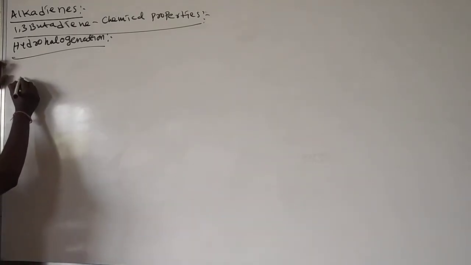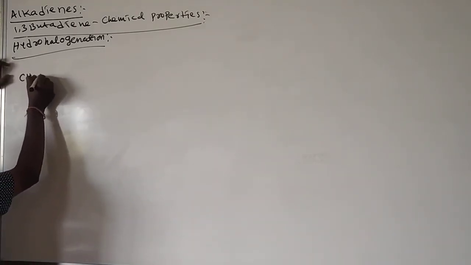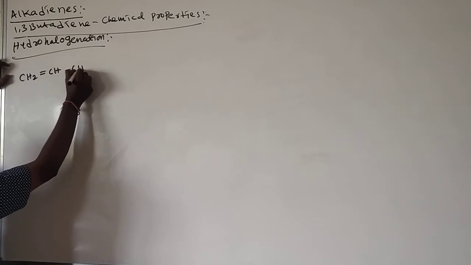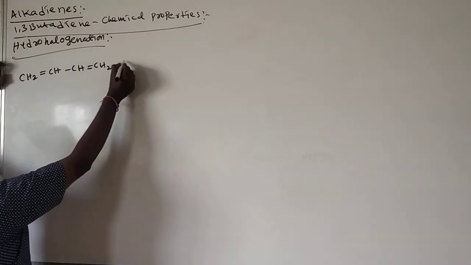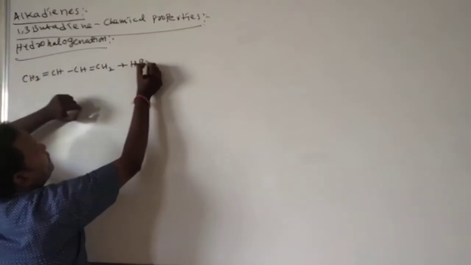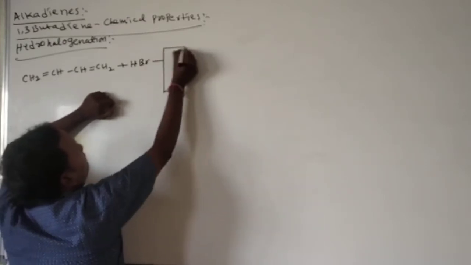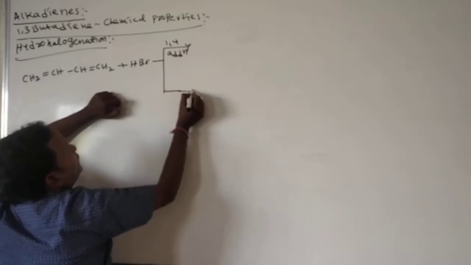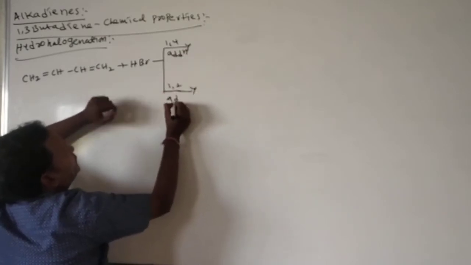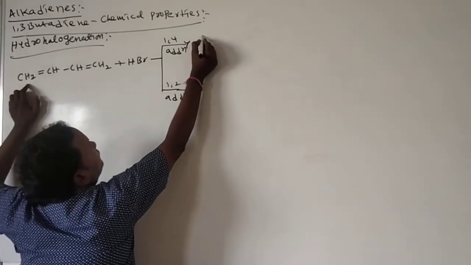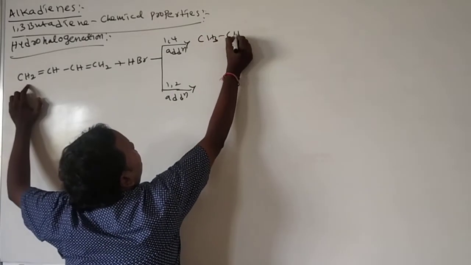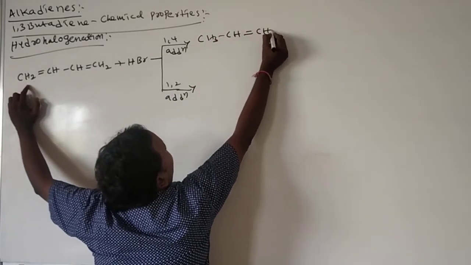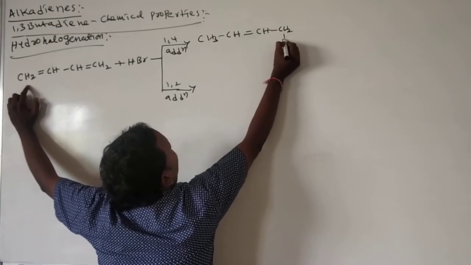Here also, CH2 double bond CH, CH double bond CH2, add HBr. 1,4 addition means CH3, CH double bond CH, CH2Br.